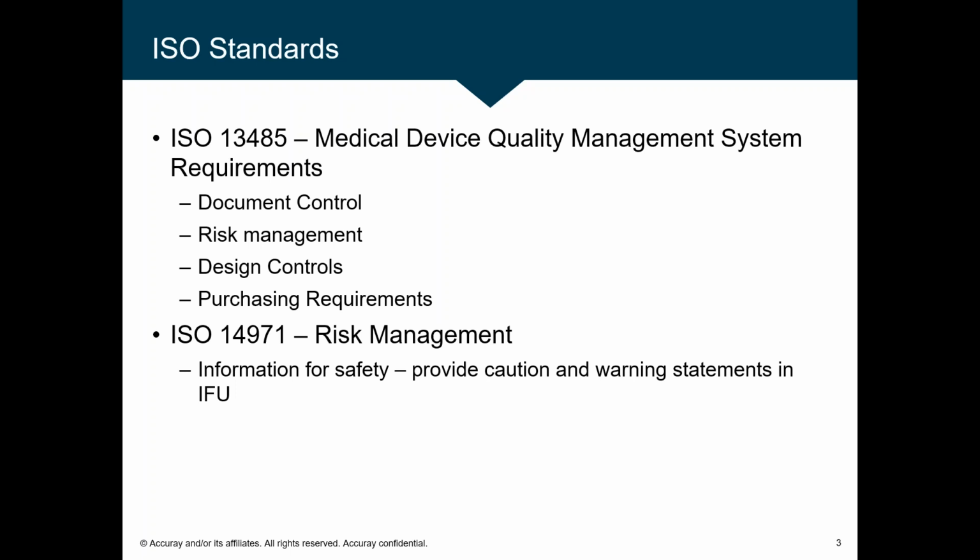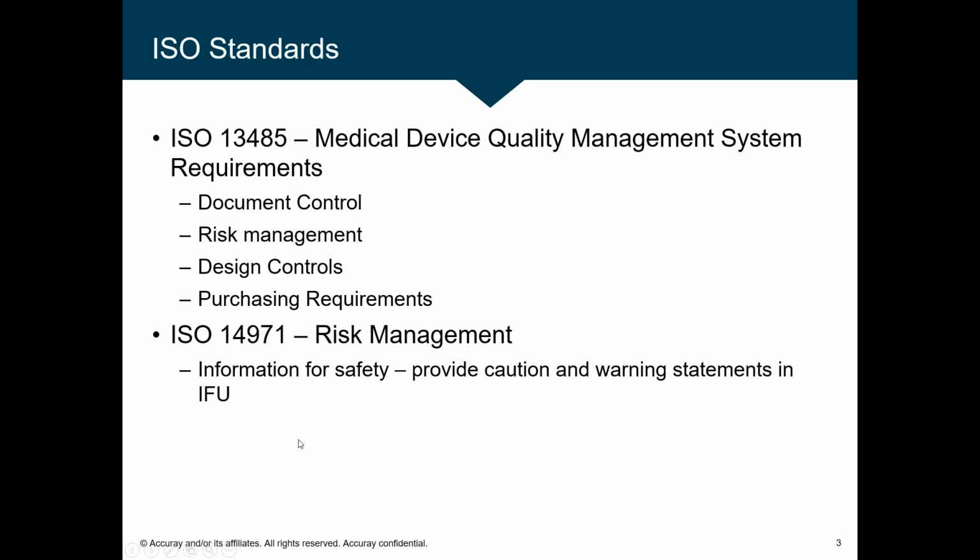So for today's presentation, I'm only going to be addressing those components that apply to labeling. Again, very large standard, only a couple that apply to us, but still very important. And then also ISO 14971, which is risk management. Again, a large standard, but we're only talking about the safety component of it, where we have to reflect those caution and warning statements within the IFU.